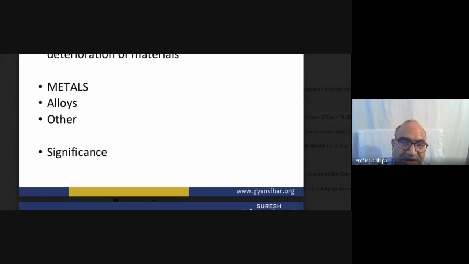So the question is how this corrosion can be prevented with the help of so many preventive techniques. So prevention of corrosion is one of the important tasks. So there is much more significance of corrosion.